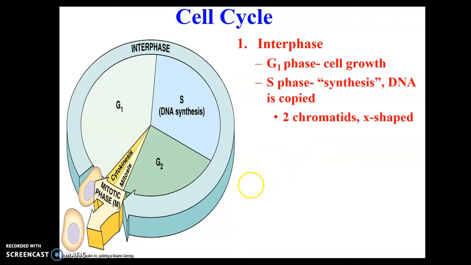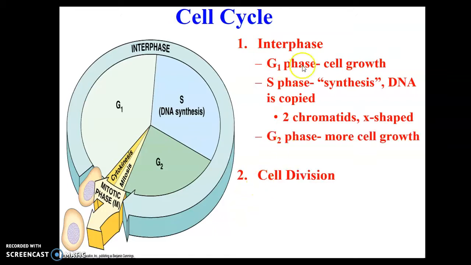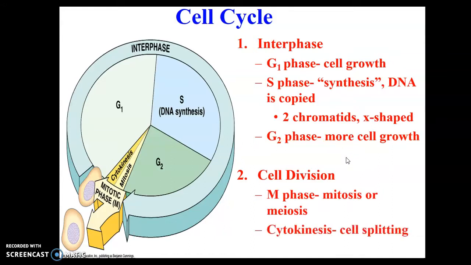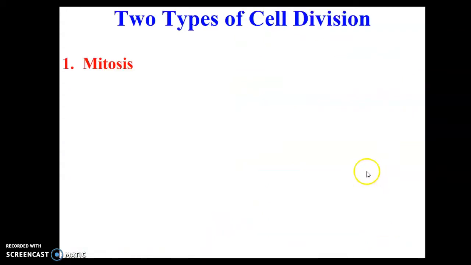Interphase is divided into the G1 and the G2 phase. This talks about what goes on in the G1 phase and the G2 phase. And then you've got mitosis, or in the case of sex cells, meiosis. Cytokinesis in animal cells when they split.